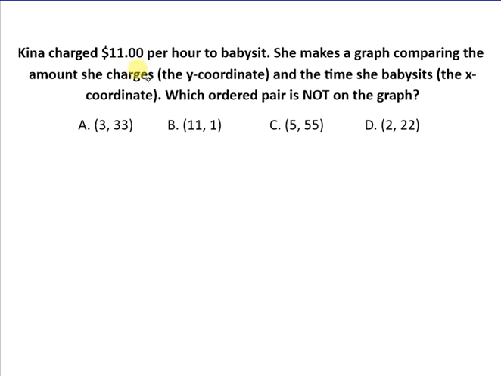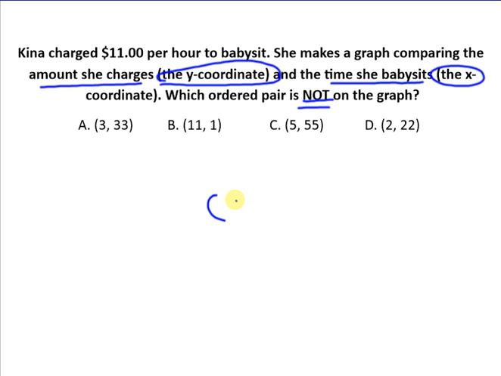Kina charged $11 per hour to babysit. She makes a graph comparing the amount she charges, which is the y coordinate. That's the amount she charges. And the time she babysits, which is the x coordinate. Which ordered pair is not on the graph?